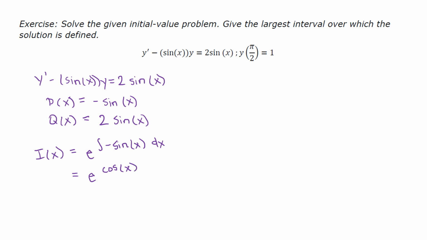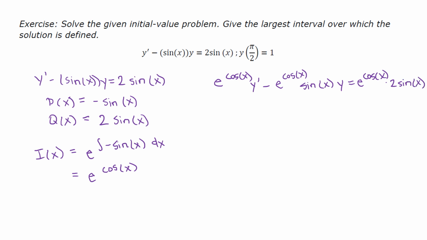Okay, so now I can multiply each term in my DE by this integrating factor. So I will have e to the cosine x times y prime minus e to the cosine x times sine x times y equals e to the cosine x times 2 sine x.